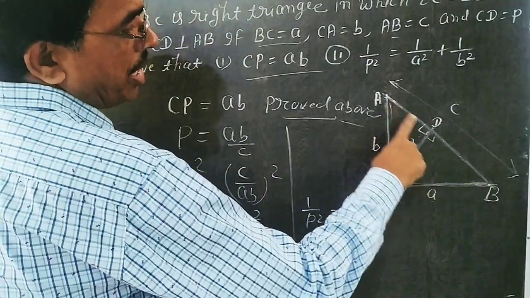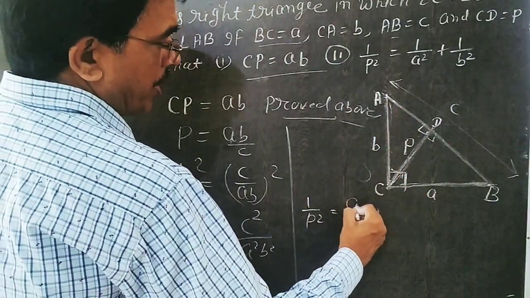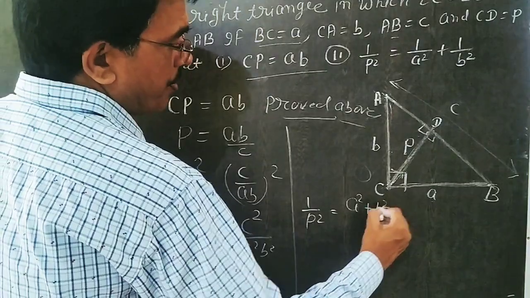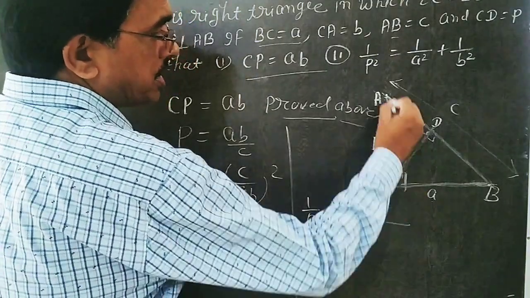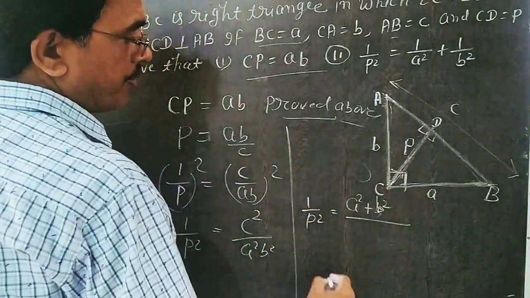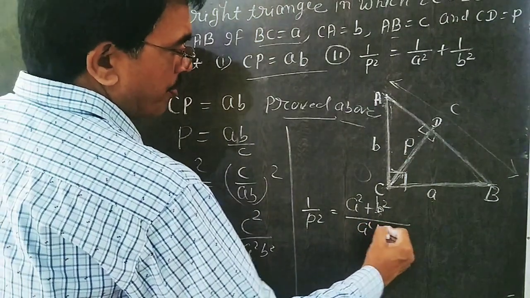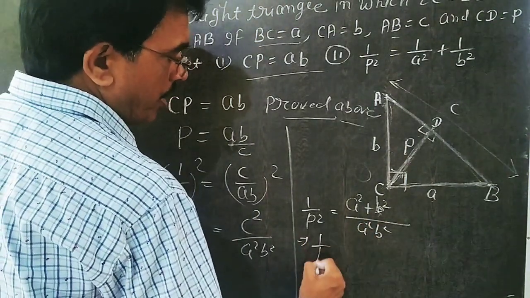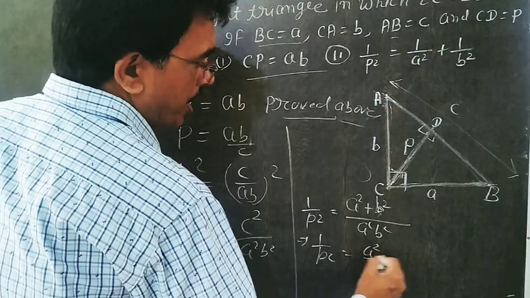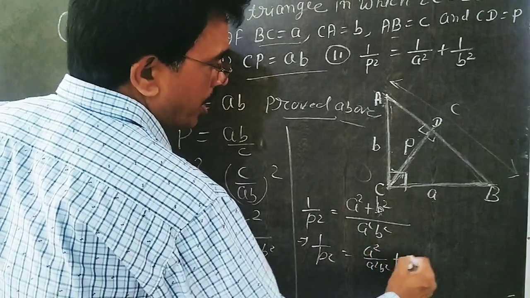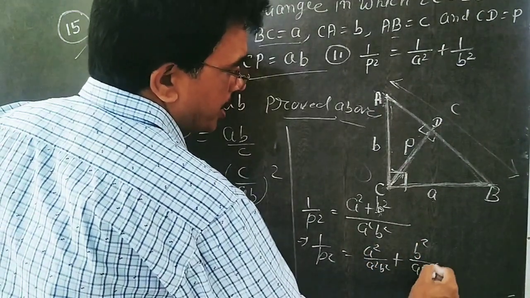C square is the hypotenuse square, so you can write in its place a square plus b square, because c square is the hypotenuse of triangle ABC. So 1 by p square is equal to a square by a square b square plus b square by a square b square.